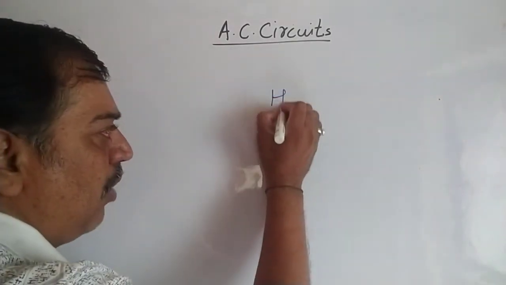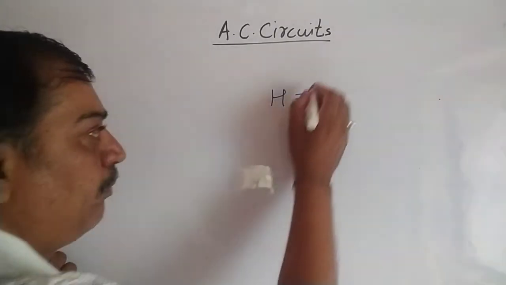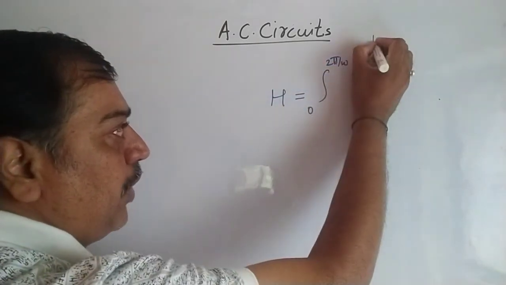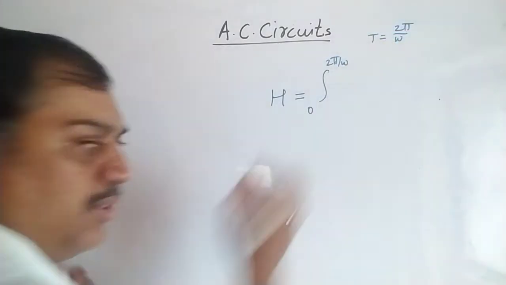They try to find the amount of heat produced, H equal to the integral where the time varies from 0 to 2 pi by omega. As we know, T equal to 2 pi by omega, where T is the time period.